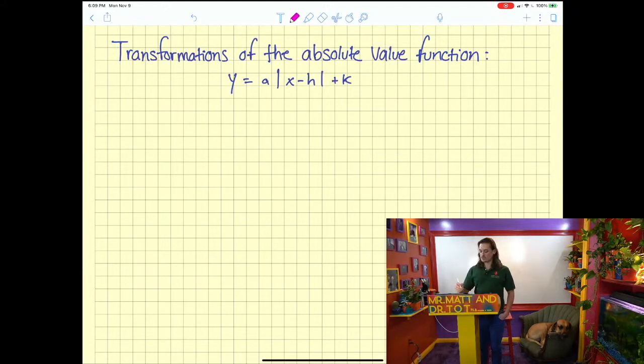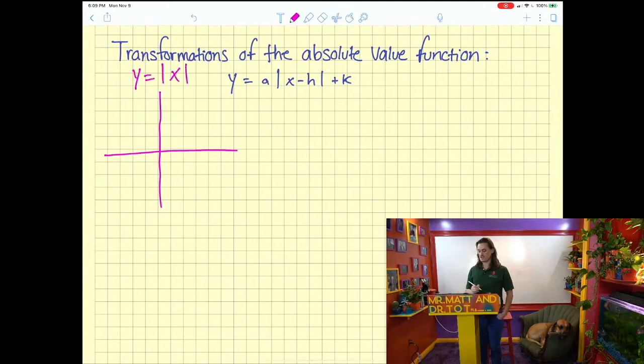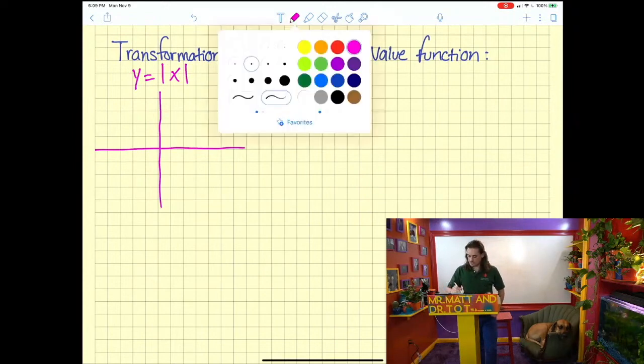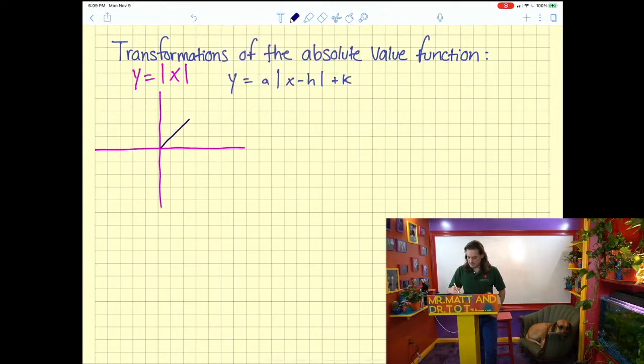So you might have noticed that the parent function, which is the simplest form of the absolute value function, actually let me fix that x-axis. As we just drew, this guy looks like this.